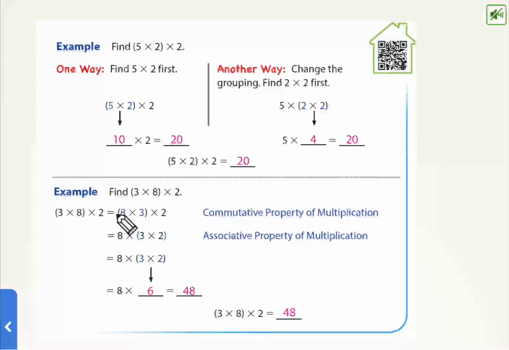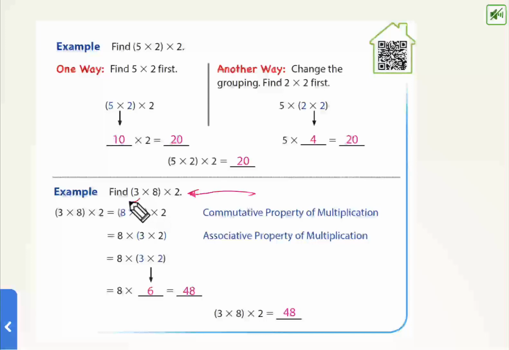In the next example down here, we need to find 3 multiplied by 8 multiplied by 2. So we know that 3 multiplied by 8 is 24. And of course, we don't know the timetable of 24. So we need to think of something that we can do to make it easier.